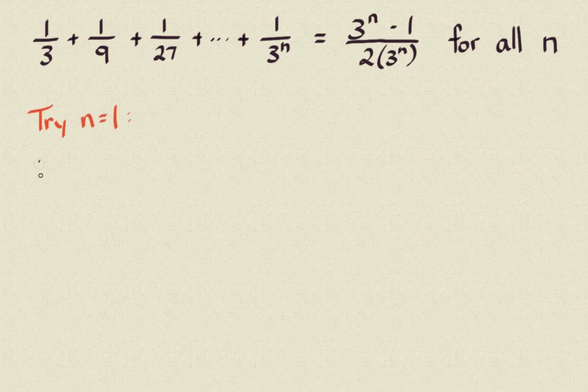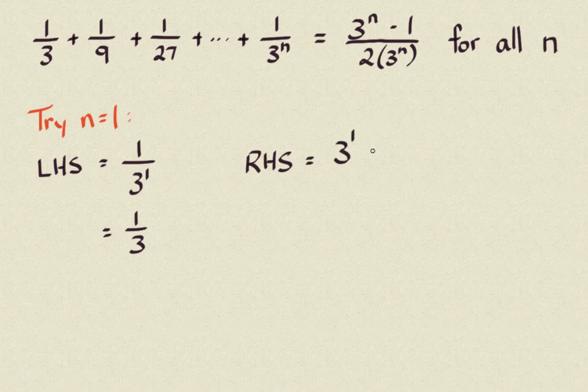On the left-hand side, we have 1 over 3 to the power of 1, which is just 1 over 3, or a third. And on the right-hand side, when we substitute n equals 1, we have 3 to the power of 1 minus 1 over 2 lots of 3 to the power of 1.